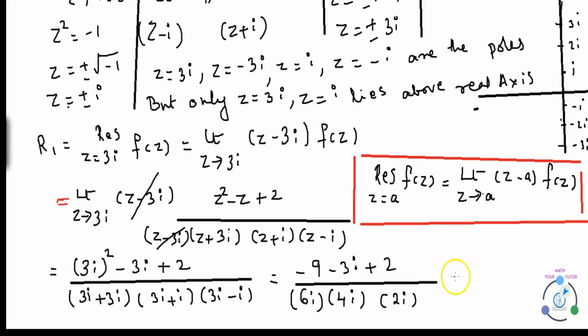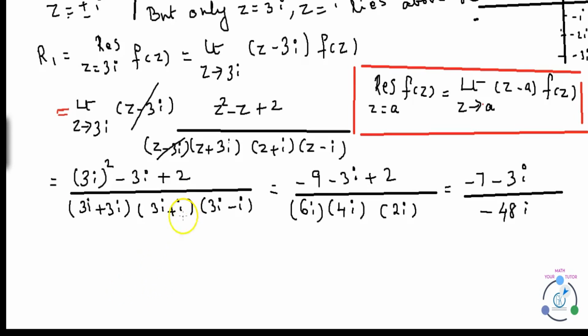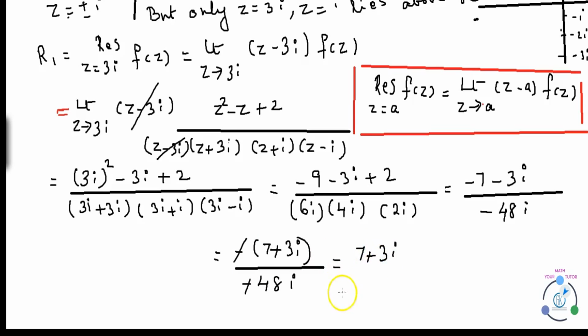Minus 9 plus 2 is minus 7, minus 3i, divided by 6 into 4 into 2 is 48, i cube is minus i. Taking common factor minus 1 from numerator and denominator and cancelling, it is equal to 7 plus 3i by 48i.